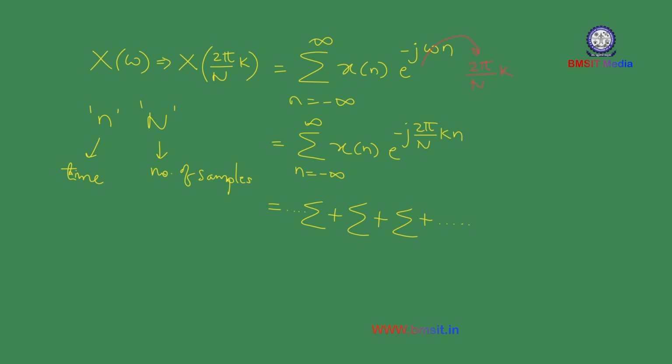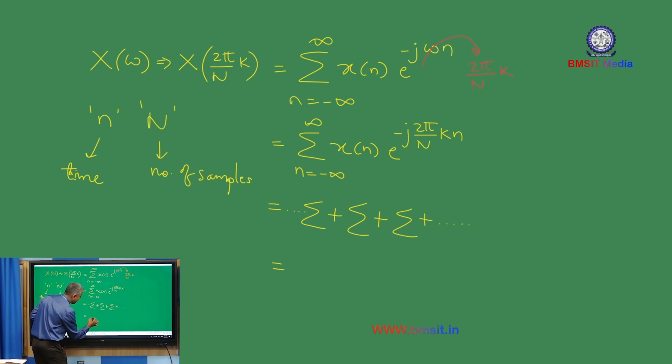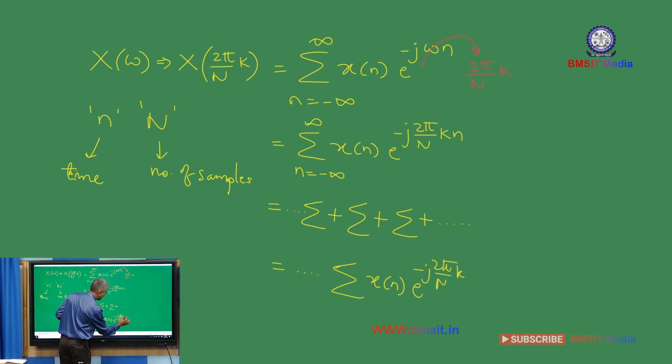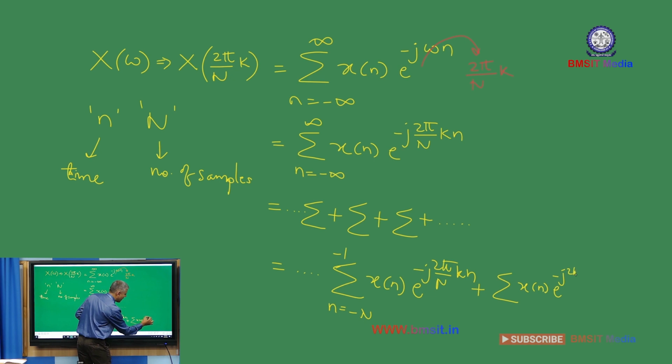If it is possible, then it can be represented as summation x of n e raised to minus j 2 pi by N kn, n equal to minus N to minus 1, plus the same summation x of n e raised to minus j 2 pi by N kn, n equal to 0 to N minus 1, and further the same summation, n equal to N, and so on.